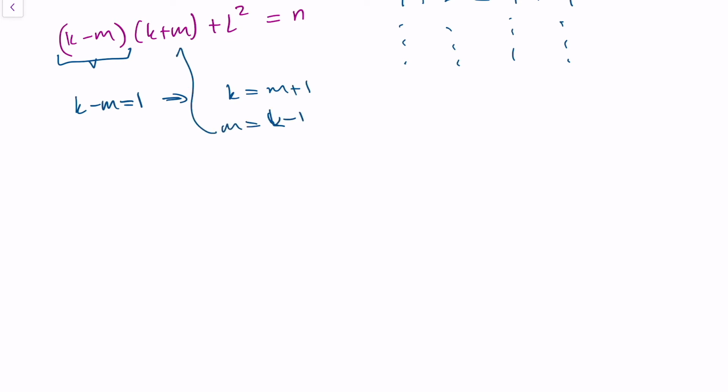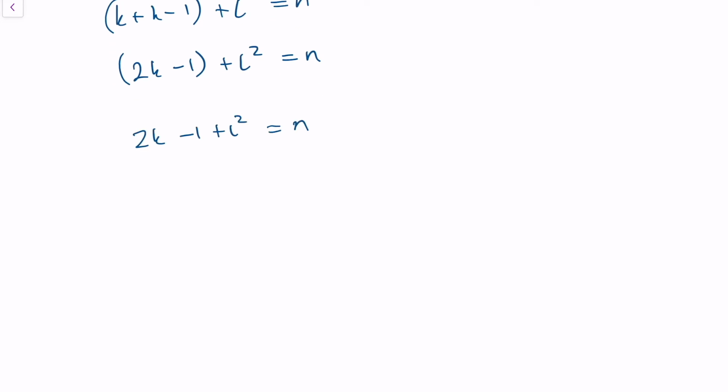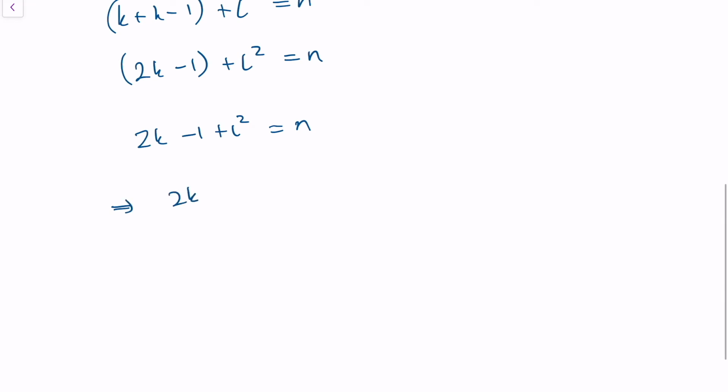So if we plug that in there, we have k plus k minus 1 plus l squared is equal to n. So we have 2k minus 1 plus l squared is equal to n. Now let's make k the subject. So that implies we have 2k is equal to 1 plus n minus l squared.